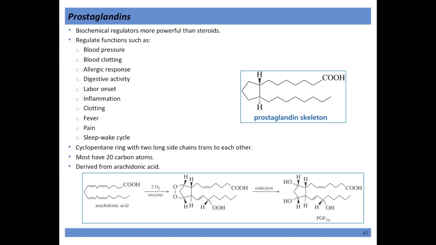So if you're stung by a bee, you're injected with the phospholipase A2, it can release the arachidonic acid and produce these prostaglandins. And that is one of the molecules that causes the local agitation and feeling of pain and heat at the site of injury.